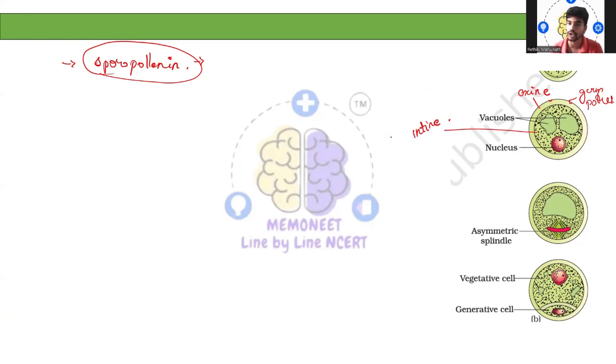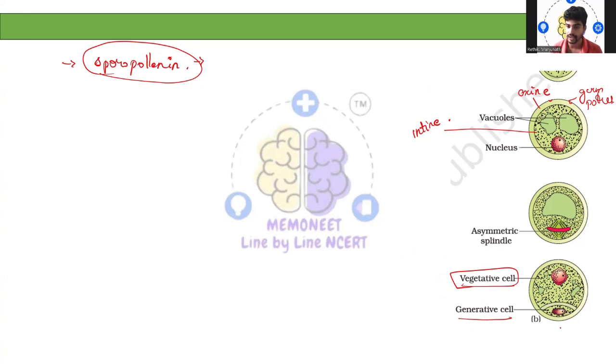In the intine, you are going to see two types of cells: one is the vegetative cell and another is the generative cell. The vegetative cell, as you can see, is somewhat bigger compared to the generative cell, and it has a nucleus here.